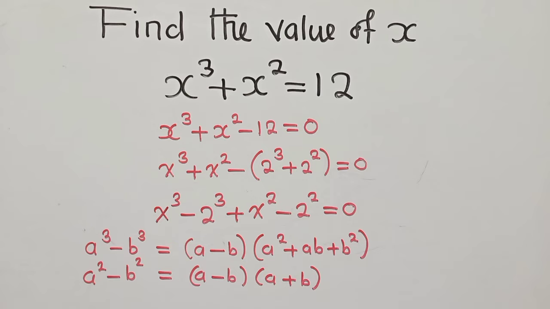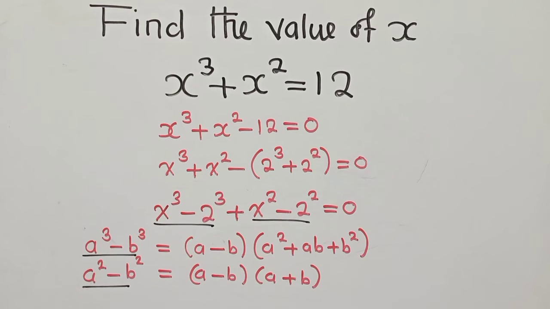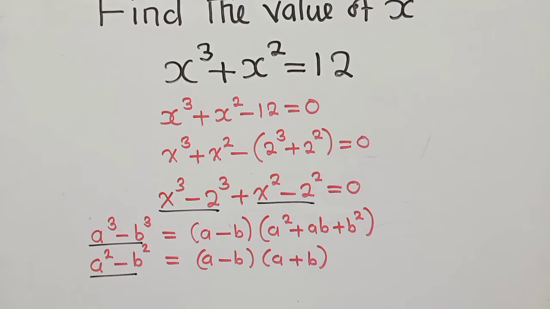If you are following nicely, this part here looks like this, and this part looks like this. The next thing here will be to just substitute. We know that our a will be x, and our b will be 2.